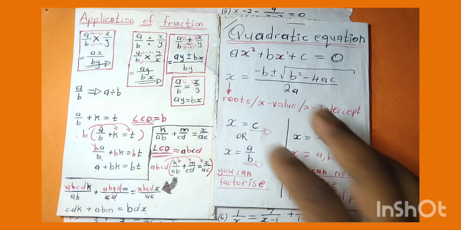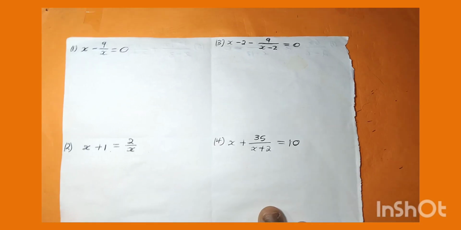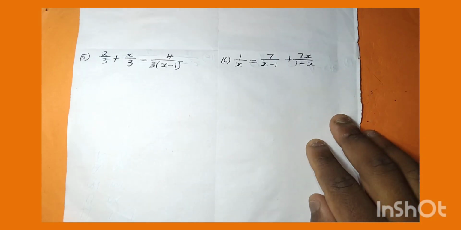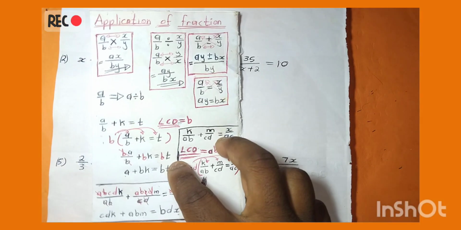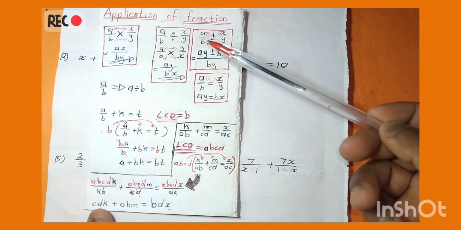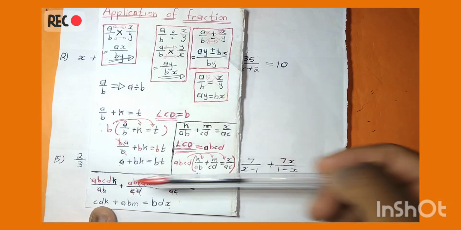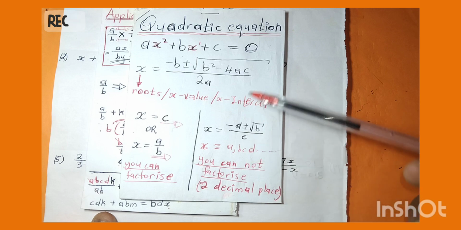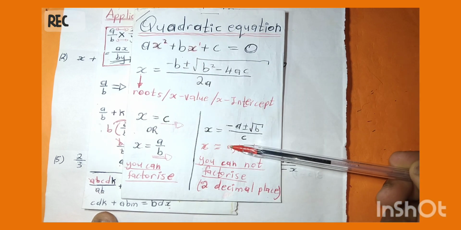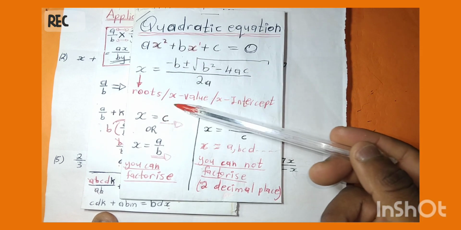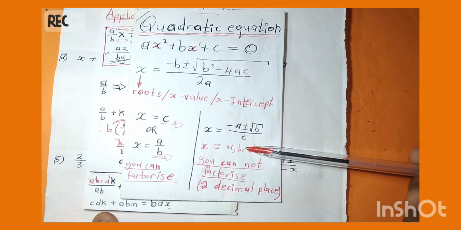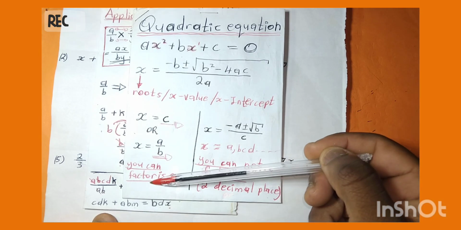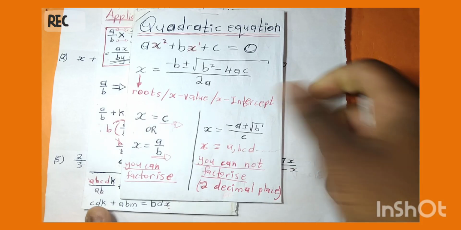So as I told you guys, I'll be simplifying fractions, as you can see there. But it will be better for you to view my previous video, where I was explaining the application of fractions, and also the video where you apply the quadratic equation, because the quadratic equation can be applied only if you get this answer, but if you get that answer you should use it to factorize.